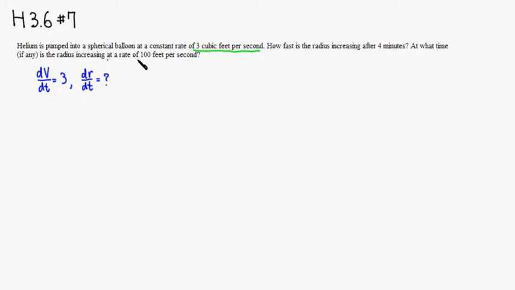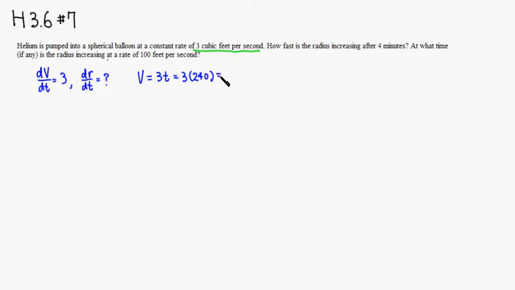Since the volume is at the constant rate of 3 cubic feet per second, 3 times t will give you the volume after t seconds. After 4 minutes, that is 60 times 4, so 240 seconds.